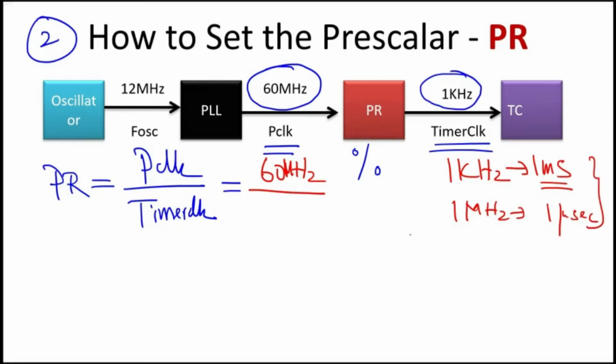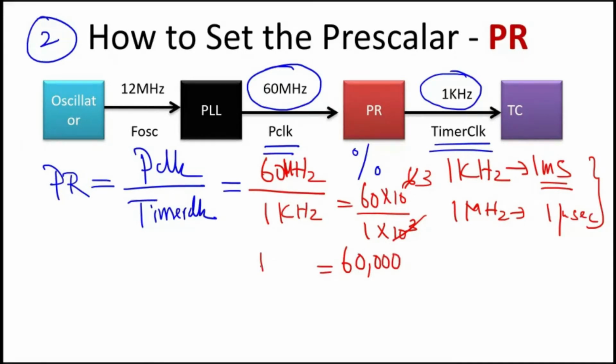For each of these desired values, you have to load an appropriate prescaler. For the first scenario, if the timer clock happens to be at 1 kHz, what is my prescaler? It is 60 into 10 raised to 6 divided by 1 kHz, which is 1 into 10 raised to 3. So this goes here 3 times. This is 60,000.